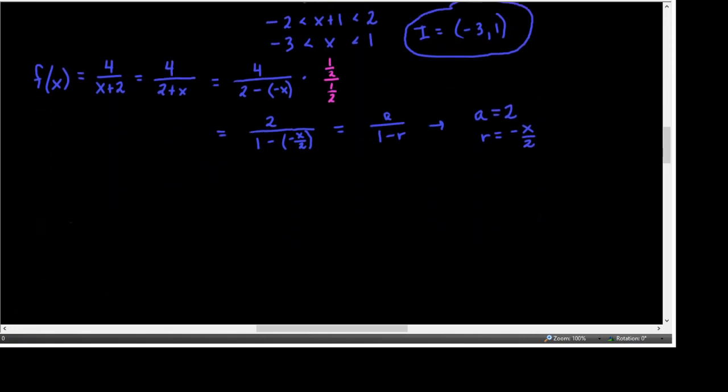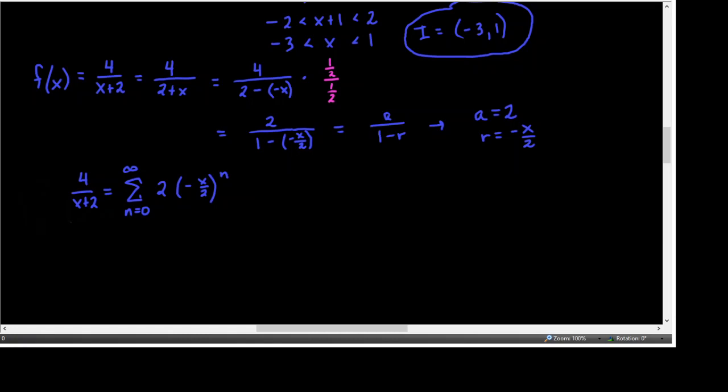So the series for this function, 4 over x plus 2, would be treated geometrically, starting at n equals 0 and going to infinity. A, which is 2, times r, negative x over 2, to the nth is what that series would be.